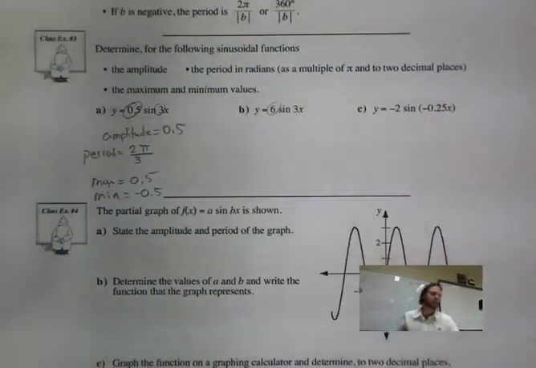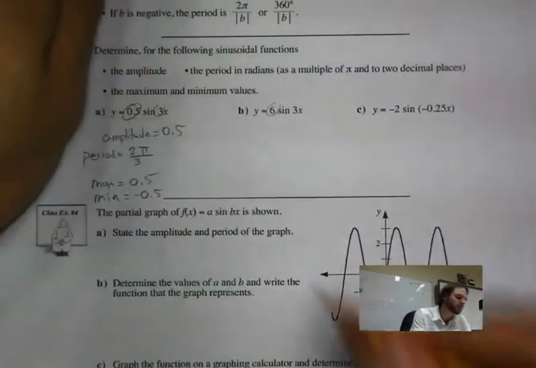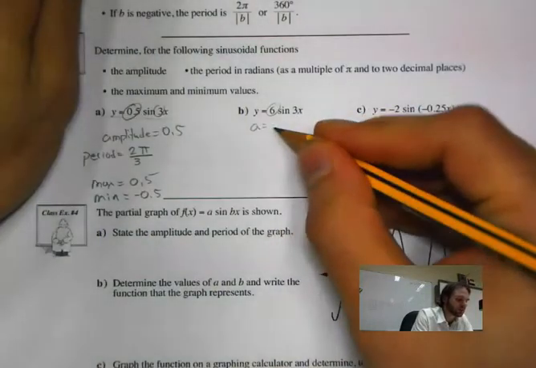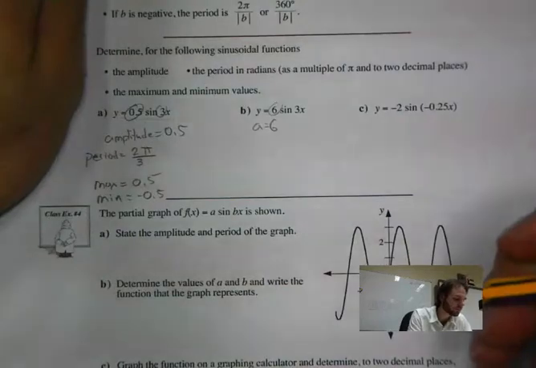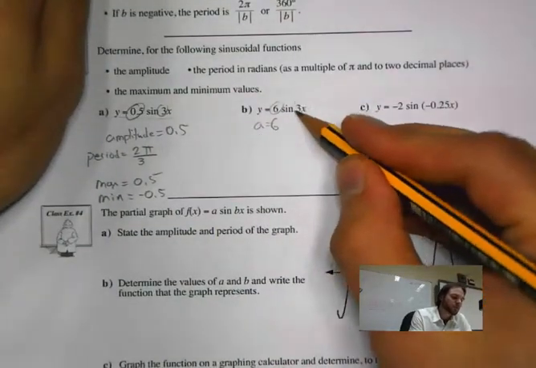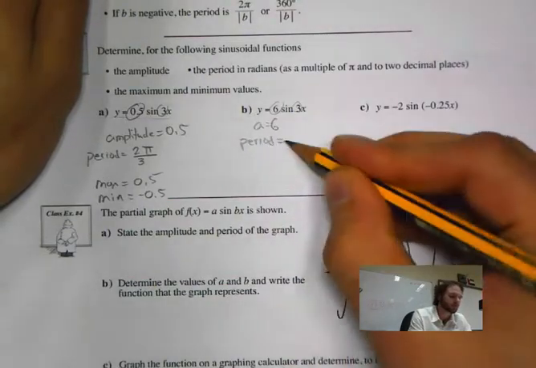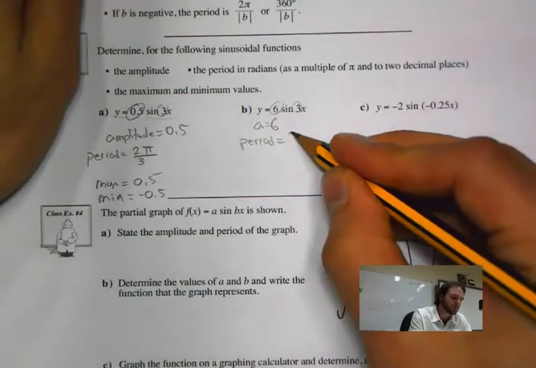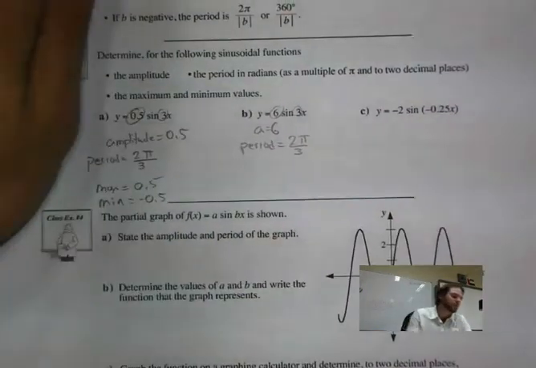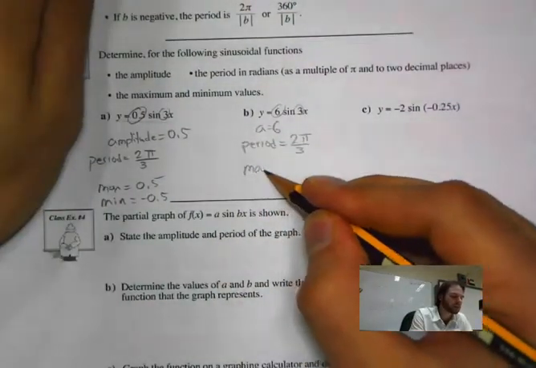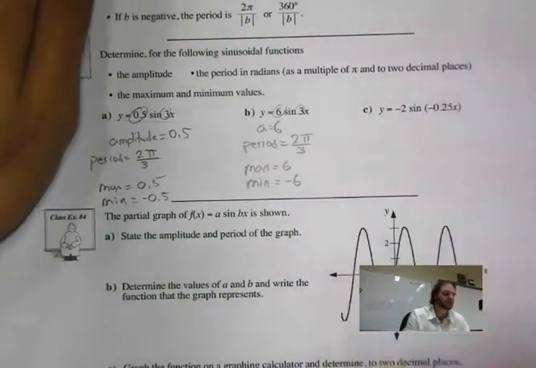As we found out from our previous exercise, that 6 stands for our amplitude. So a is equal to 6. Okay, and we could find my period. Period is equal to 2 pi divided by 3. So what is my max and min? My max is equal to 6, and my min is equal to negative 6.